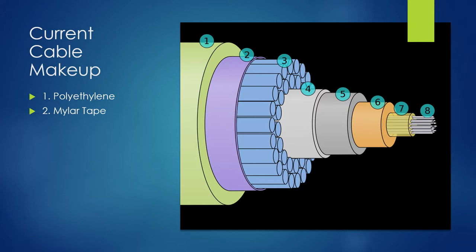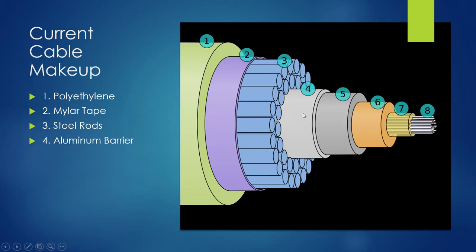Next you have Mylar tape, which is known for its ability to resist tension and hold things together. So that's really keeping all this stuff within, and not allowing it to space out and deconstruct from within. Here you have usually 2 layers of steel rods, which is just straight up physical integrity, trying to prevent any sort of landslides or anything from physically impacting the cable and then affecting the fiber.